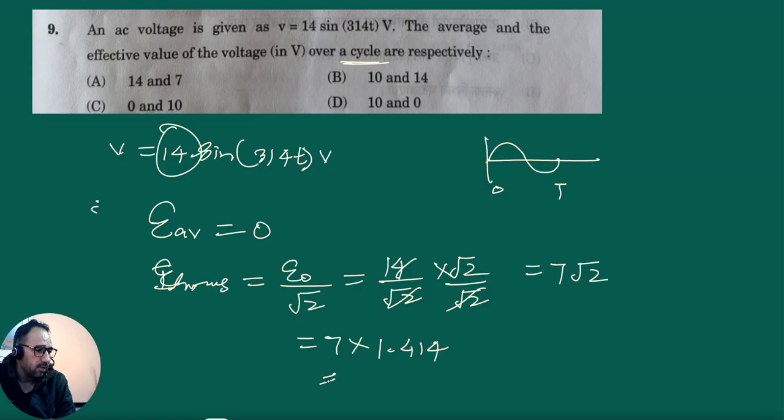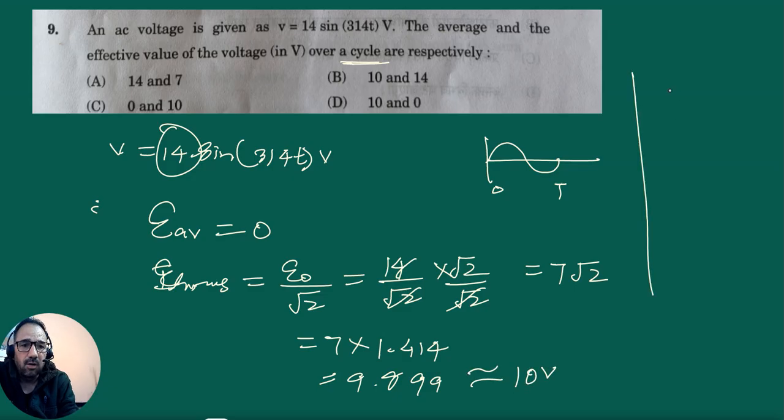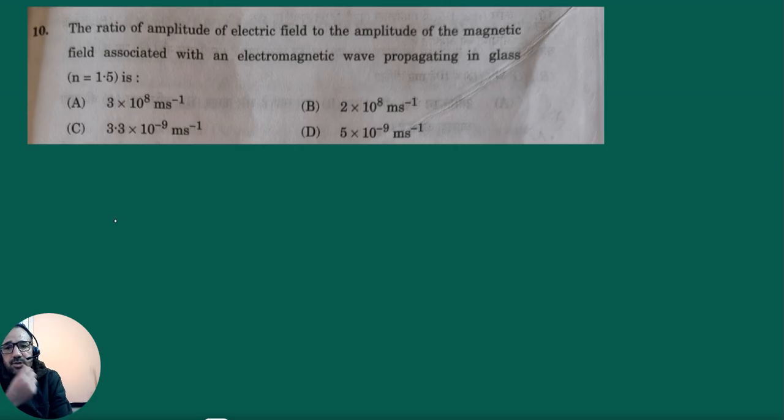I've calculated it, it is coming around 9.8 or 9.9, which is approximately 10 volt. So that's why option is 0 and then 10 volt. So which option is coming here? C option is coming here. Now let's come to the next question.